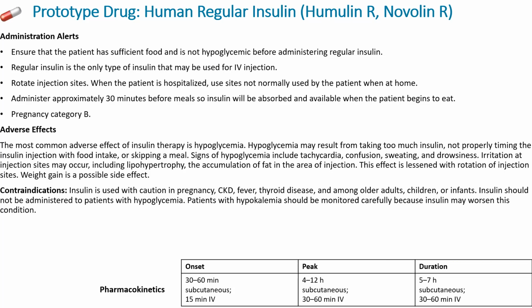However, the short-acting regular insulin has an onset of action of about 30 to 60 minutes. So the short acting should be injected 30 to 45 minutes before a meal to ensure that the onset of action coincides with meal absorption.